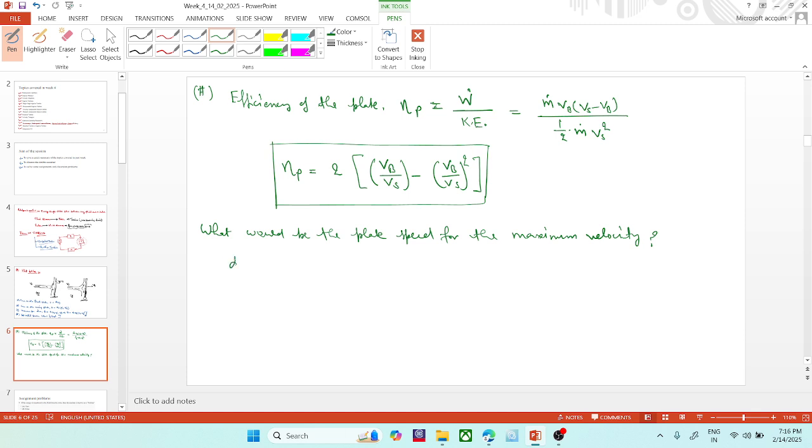So we differentiate eta P with respect to the plate speed and set it to 0. The expression would become 2 into (1 upon Vs minus 2 Vb by Vs square) is equal to 0. Then the optimum plate velocity would become half of the jet velocity.